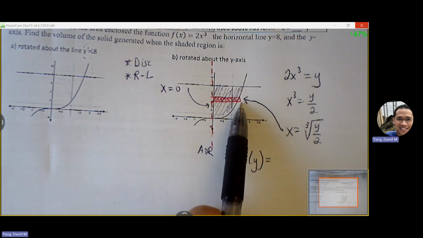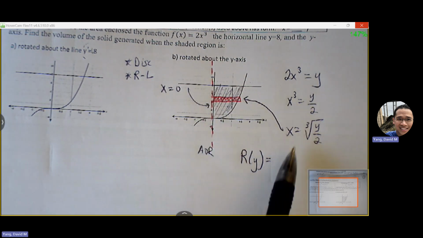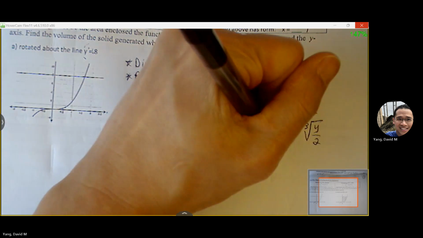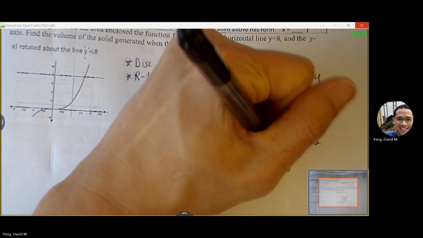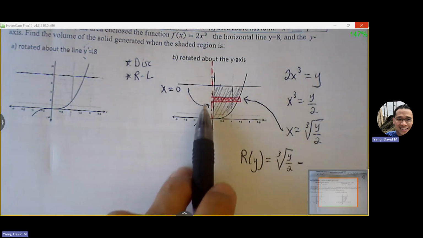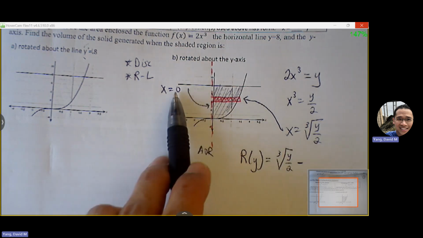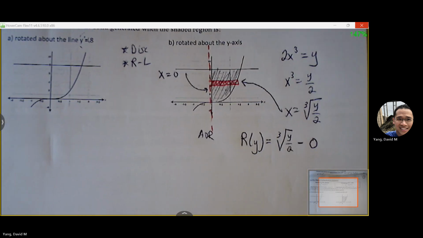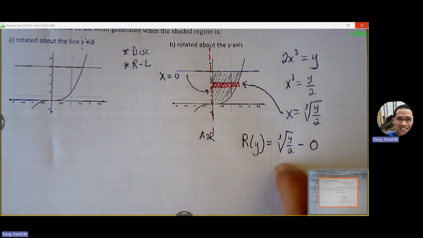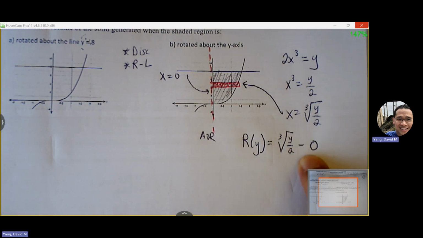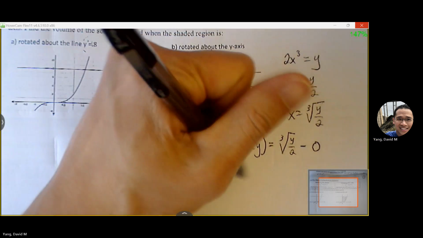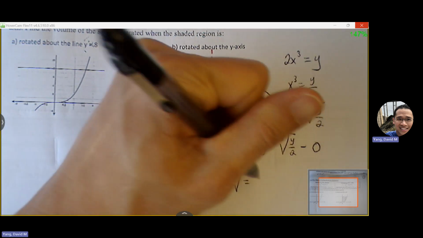Right minus left: the right endpoint of my radius is sitting on the curve, minus the left. The left endpoint of my radius is sitting on the 0. I can drop the 0, but just wanted to show how we're getting to our radius. And then we can start putting it into our volume formula.